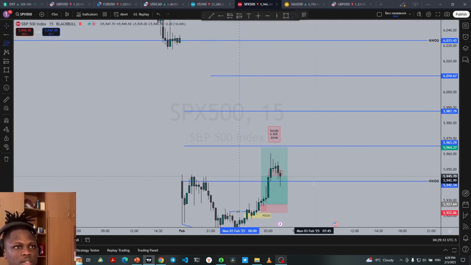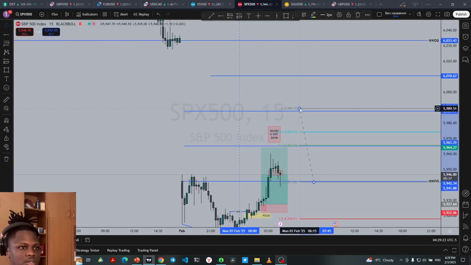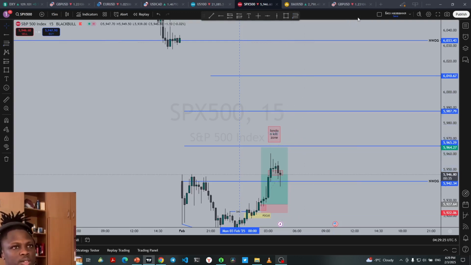So I took my Fibonacci, and 50% of that's this, and then the quarter, that's this, and that's that one. So this is the 50% of that new week opening gap, and this is the first quarter of that new week opening gap. Since it's Monday, I didn't really want to target more.